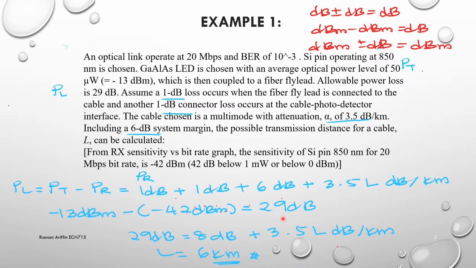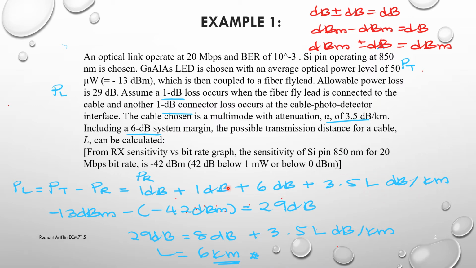This allowed loss, or the total loss, is equal to all the losses that contribute to this link. The first is a 1 dB loss at the fiber fly lead, then another 1 dB connector loss, 6 dB system margin, and 3.5 L. This is the attenuation of the fiber, 3.5 times L, with the unit dB per kilometer, because we don't know the length yet.